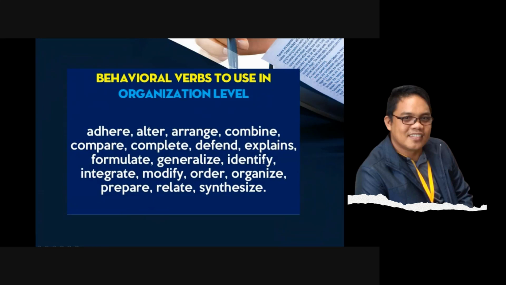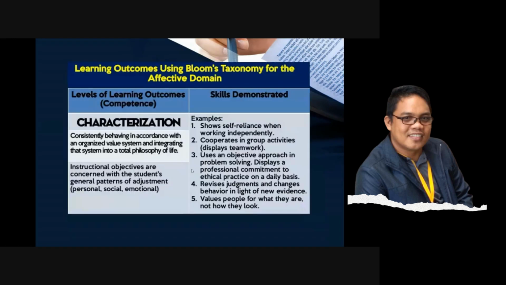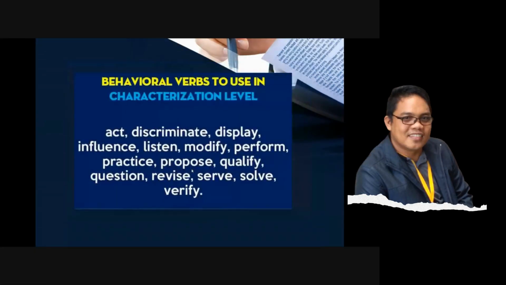So, ibig sabihin po ay, narito na yung sinasabi ko kanina na yung affective is actually wala na kasi nandoon na siya sa cognitive level kasi yung word na identify is, again, can be used in cognitive and also can be used in behavioral aspects. Okay, for characterization, you have act, discriminate, display, influence, listen. This, the word act, is an action. You can also have this one in your psychomotor part.